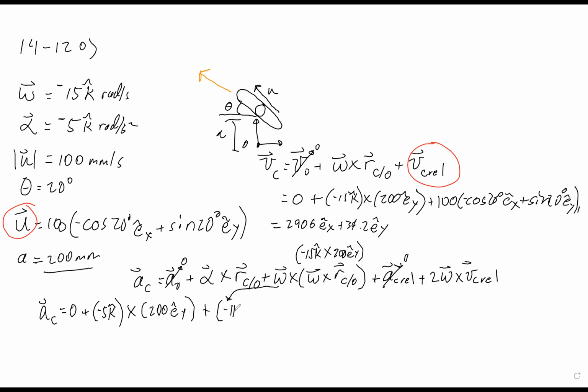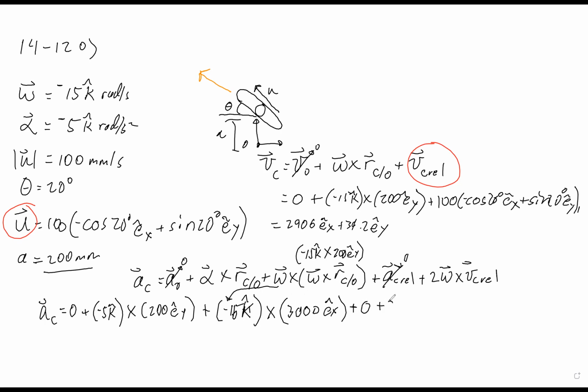So negative 15 k hat crossed with the answer to this, negative 15 k hat crossed with 200 e hat y, which is 3,000 e hat x. Okay, and then plus 0.